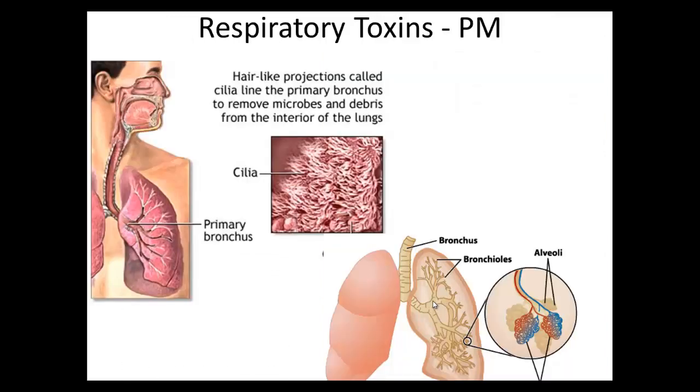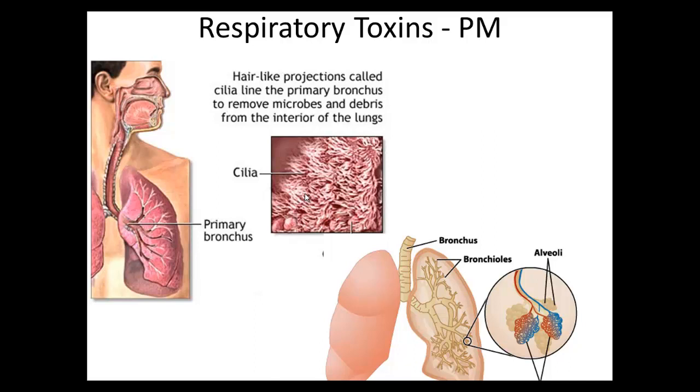It's all about our body. So normally in our lungs we have these hair-like features called cilia. So when you breathe in large particles, they get stuck in the cilia, you cough them out, they get into your mucus, and you get them out of your body. No problem.